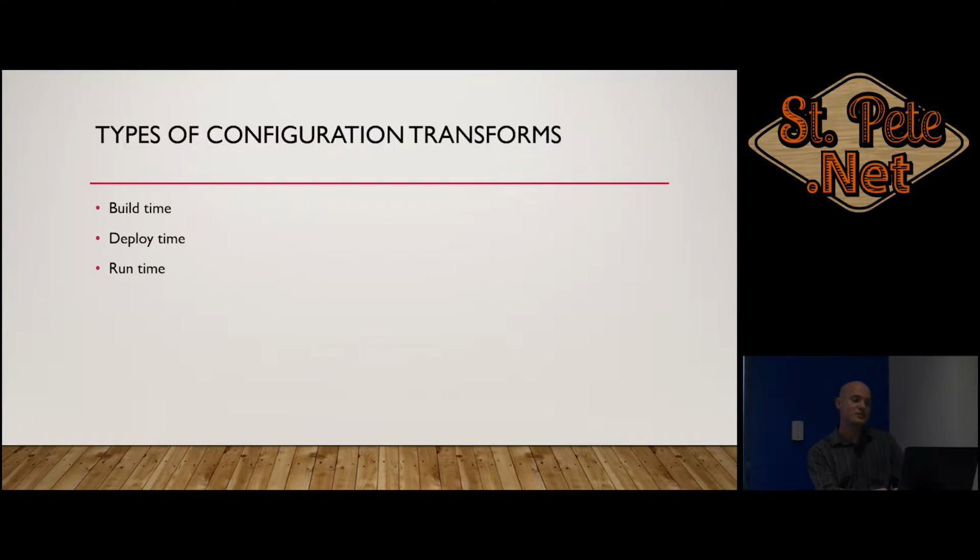So, like I alluded to, types of configuration transforms. Build time: how many people want to guess exactly when this actually happens? Deploy time: this happens whenever you're doing that awesome MSDeploy step out to wherever the destination is, whether that's test, UAT, some feature box, or production, and then you can insert whatever numbers based upon environment, so it could be F1, F2, QA1, whatever.